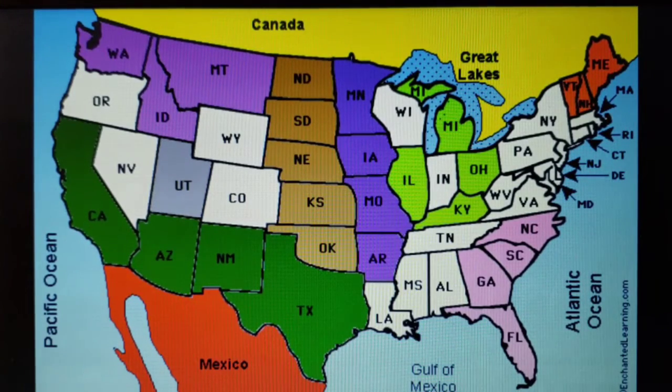If you go to the north, to Canada, the yellow part above the US map, there are so many states that border Canada. Washington is one. Idaho, Minnesota, Michigan, New York, Vermont, and so on. You can mention more. These are the states that border Canada.